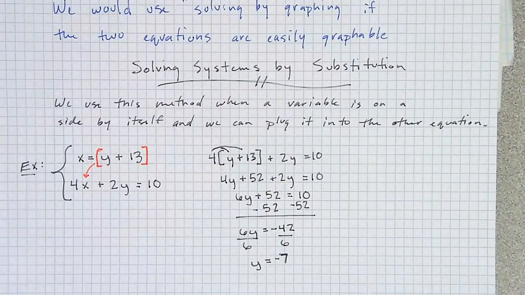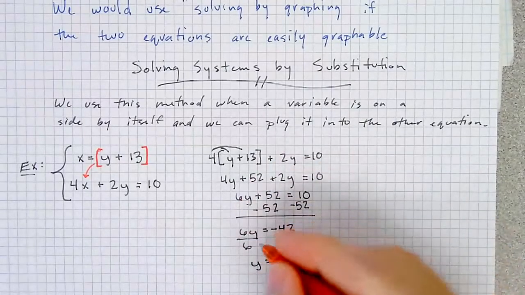So negative 42 divided by 6 then means y is equal to negative 7. All right, so we found our y. We still need to find the x.